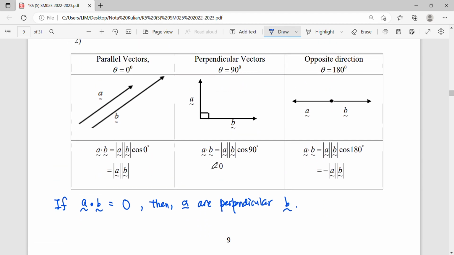So when you dot and get 0, indirectly it tells you that the two vectors are in a perpendicular relation. Or they can ask reversely. They say if vector A is perpendicular to vector B, then what should you do? You have to calculate to show that A dot B, when you do all the calculation, should be 0, to show that their relationship is perpendicular.